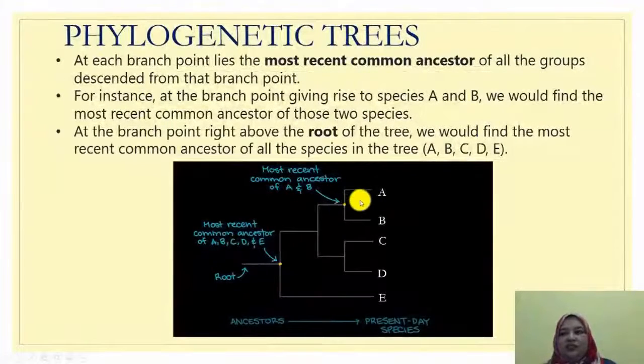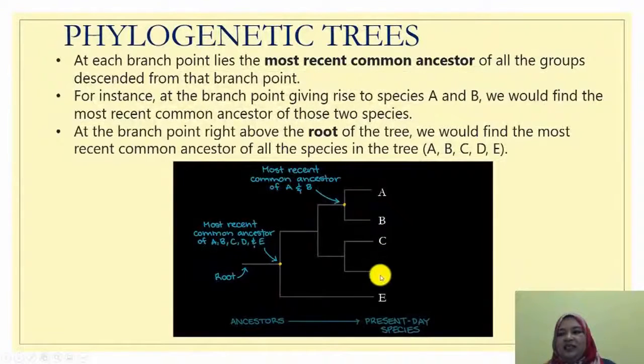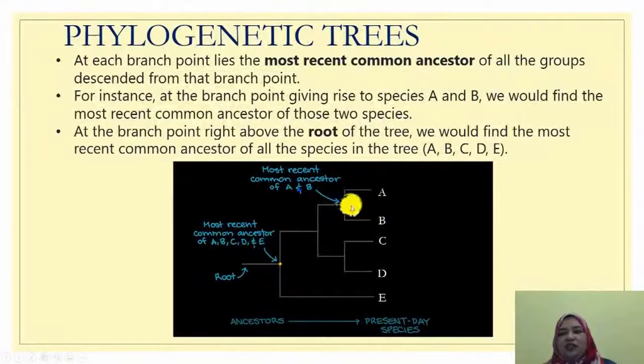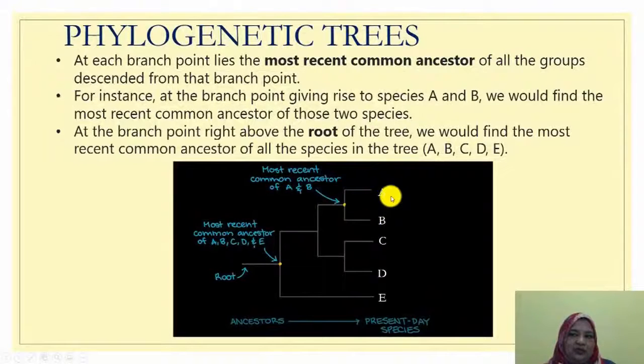So this point is the common ancestor for A and B. This point over here would be the common ancestor for A, B, C and D, but not E. And this point would be the most recent common ancestor for all of these. Where the split occurs, that is the common ancestor of only those attached to that branch. So this is not a common ancestor to C, D or E. Okay?